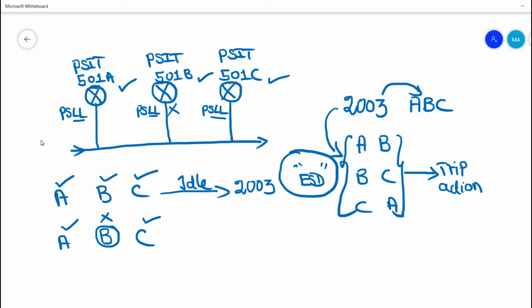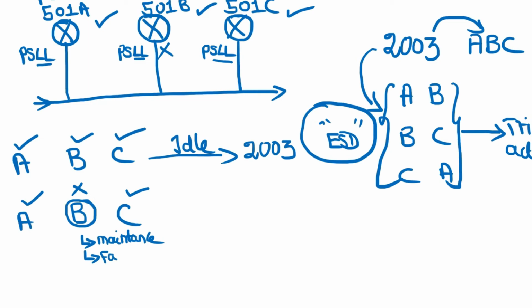Maybe this transmitter is under maintenance, or it may be faulty, so it is not going to sense any pressure, it is not going to give any indication. Since it's not able to measure any pressure, basically we call it not available.